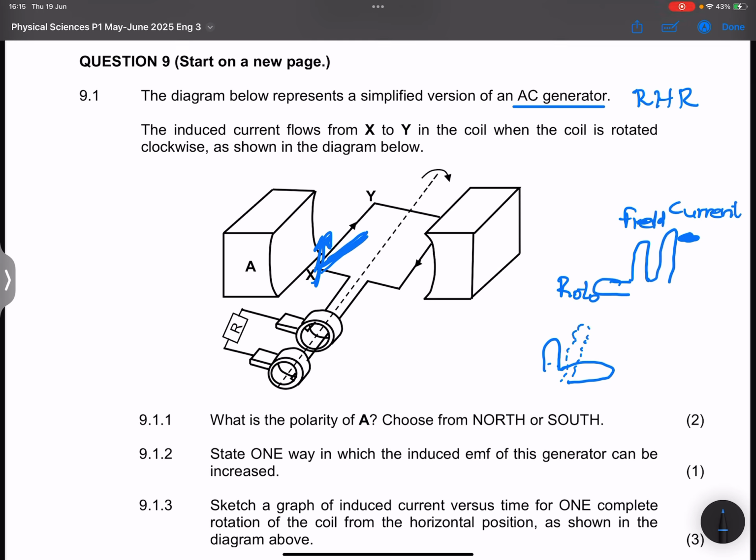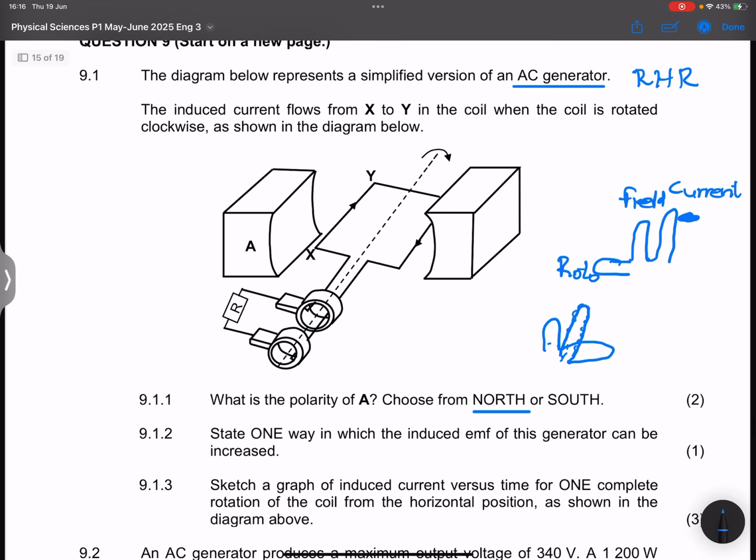That's the direction of the current. So that tells me that my field is going from this side to that side, and we know that the magnetic field always moves from north to south, which means that A must be our north side. Okay, right, so please know how to navigate this.